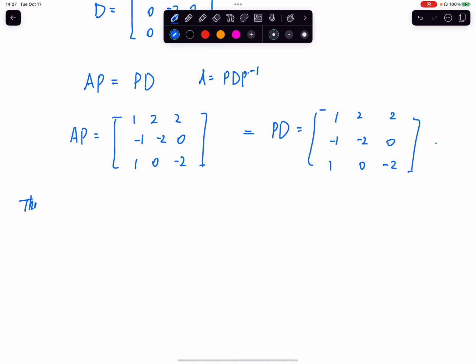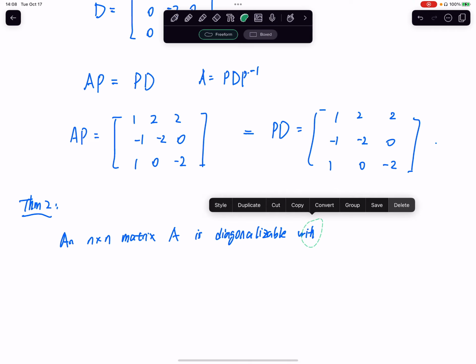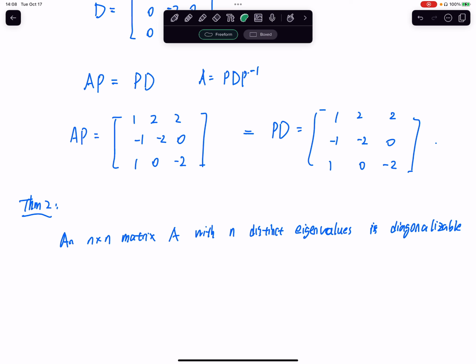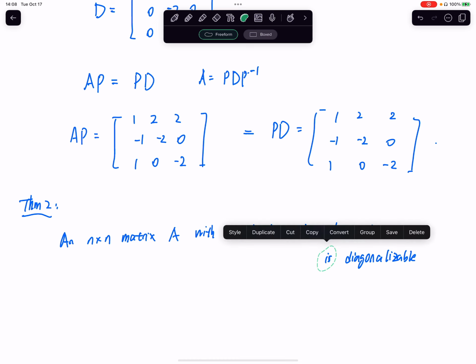We say that an n by n matrix A with n distinct eigenvalues is automatically diagonalizable.